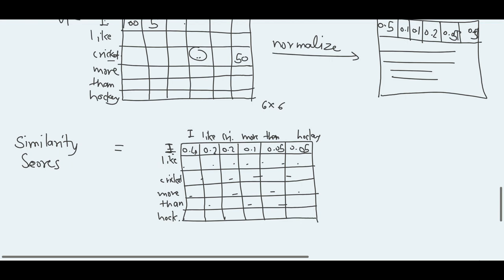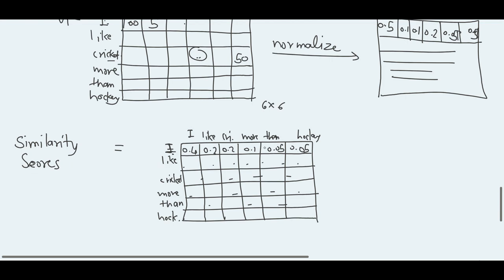And then, suppose, these are just random numbers, I have not drawn them by performing any calculation. Suppose I and like, and I and cricket, are the two most similar words compared to these three. So they will have 0.2 and 0.2, and then more is more similar, so suppose you have this 0.1 value given to it, and these are the least similar words, so they will have 0.05 and 0.05 associated with them.